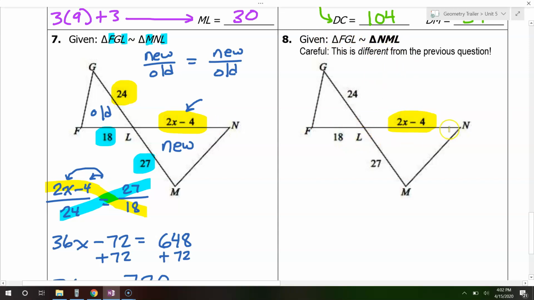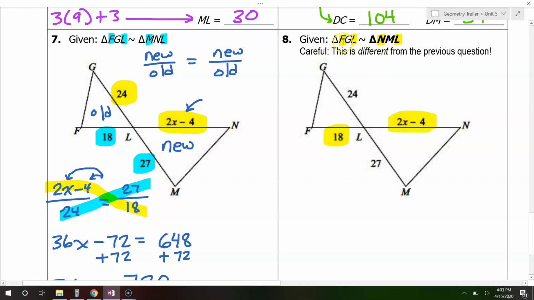So here's LN. Okay, now in this similarity statement, LN is at the beginning and the end. So that's going to correspond with LF this time. Okay, so LF is right here. So last time it was corresponding with the 24. This time it's corresponding with the 18.